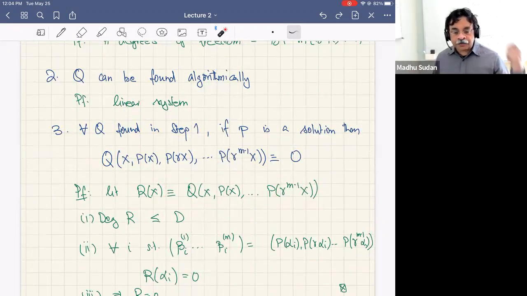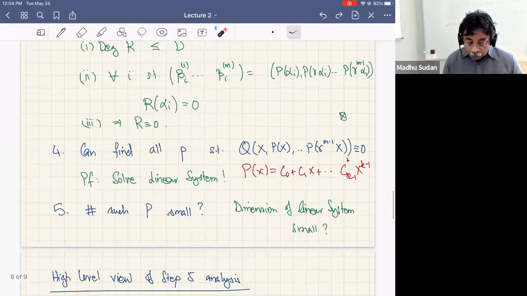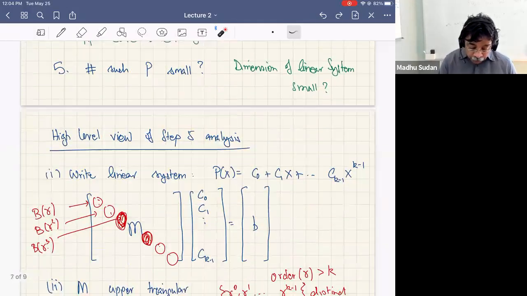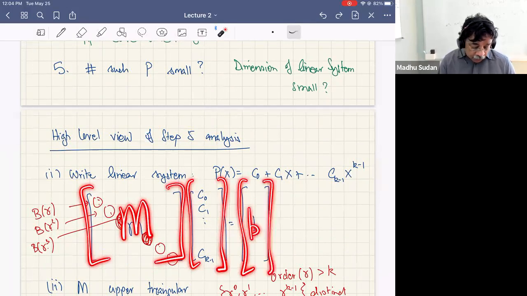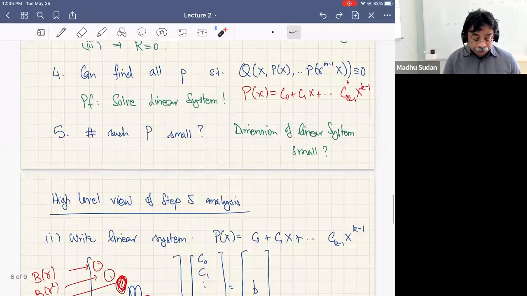X to the I will have some coefficients for each value of I. And these coefficients are going to be linear forms in C0 to CK. When you write down this whole linear system in that form, and you convert it to the form where we say there is a big matrix M times C0 to CK equals something, all of these entries are going to be arbitrary polynomials in alpha I, beta ij, gamma, and any coefficients that you found of the polynomial q.